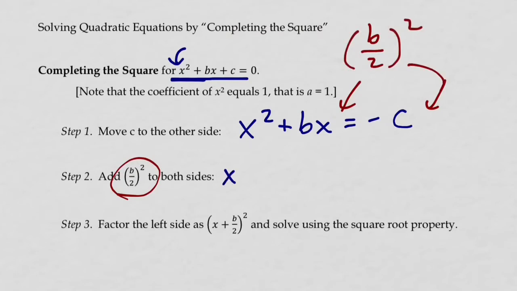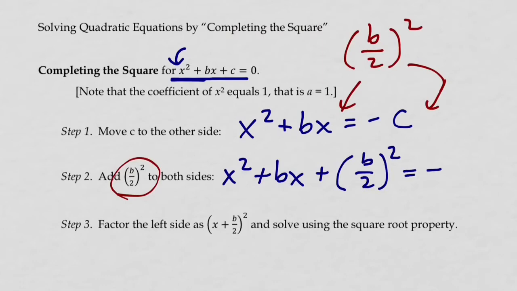So that gives me x squared plus bx plus b divided by 2 squared equals negative c plus b divided by 2 squared. In order for the equation to remain true and equivalent to what we started with, I need to add that amount to both sides of the equation.